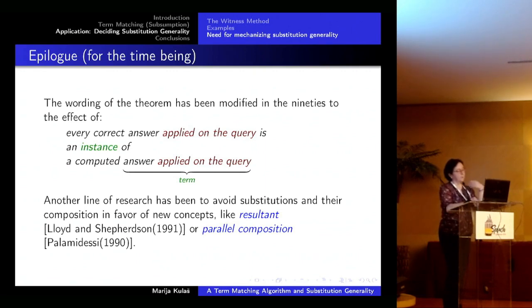So those answer substitutions are applied on the query, right? So now we have an easier problem, and also new concepts have been proposed, avoiding the need for substitutions when describing logic programming computations, or things like parallel composition to avoid the need for composition.